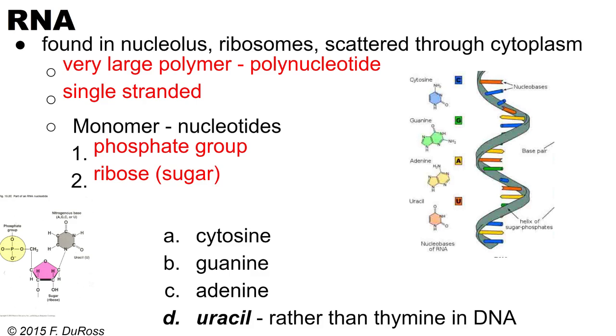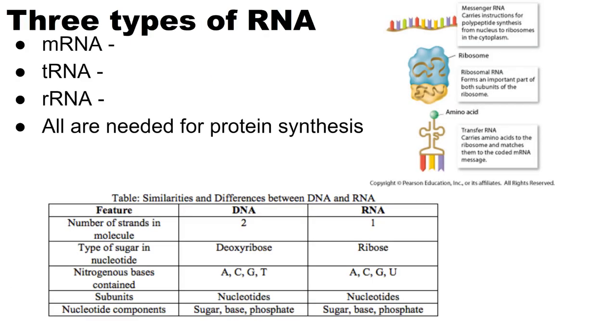You can see it has the backbone, and then it has the bases sticking out of it. So that's a little different also. And RNA has a different job to do. Okay. There's three main types of RNA. And each of them has a specific job to do. And we'll talk about that as we talk about protein synthesis.